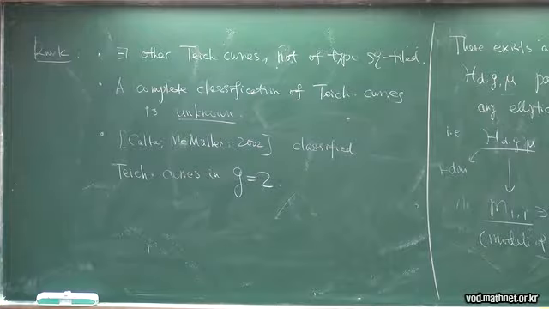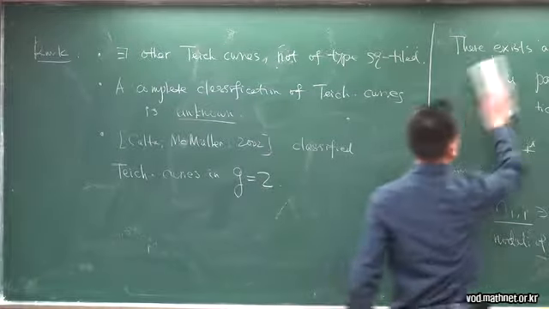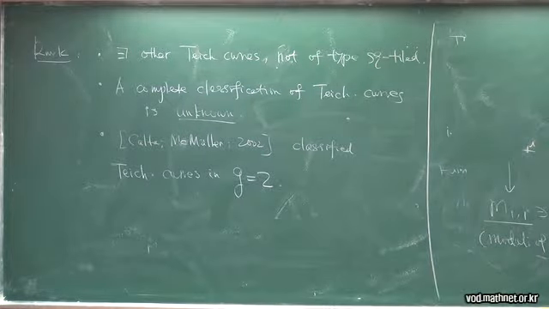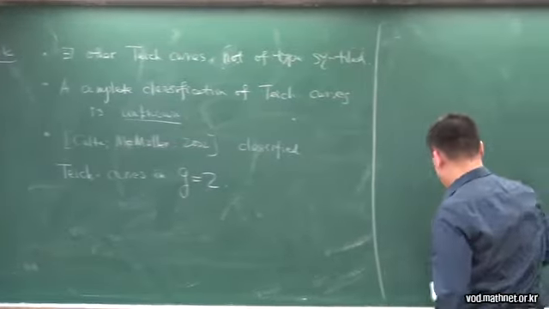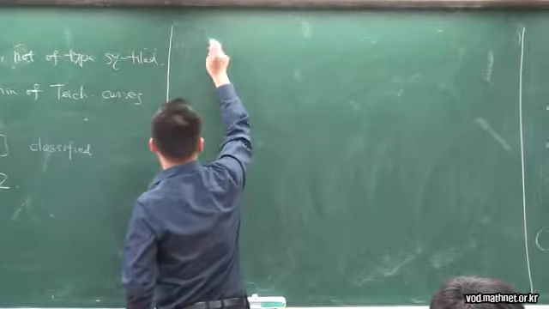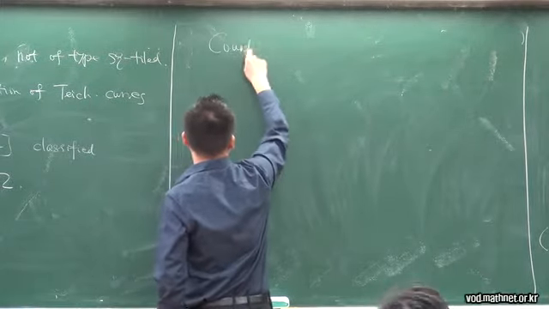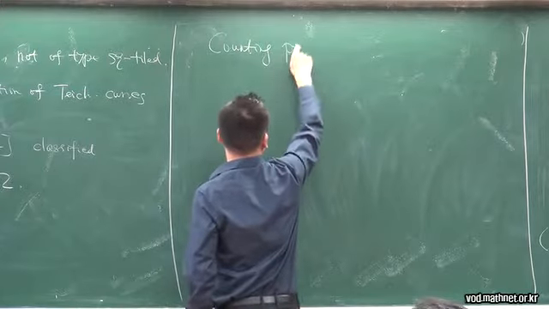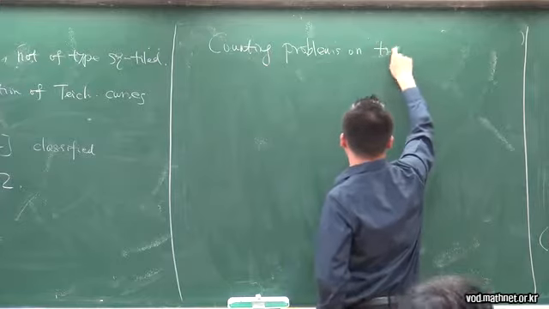Let's see. Maybe let me just quickly start by writing down one motivation, and then we'll stop and take some break. So now I want to consider some counting problem on translation surfaces.